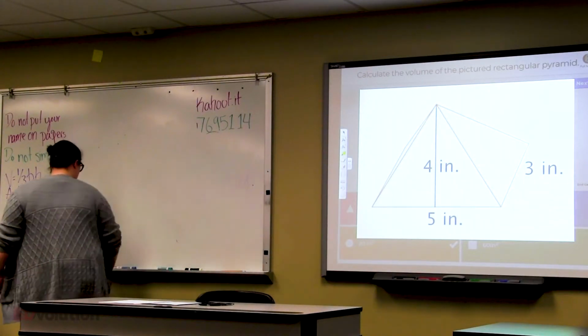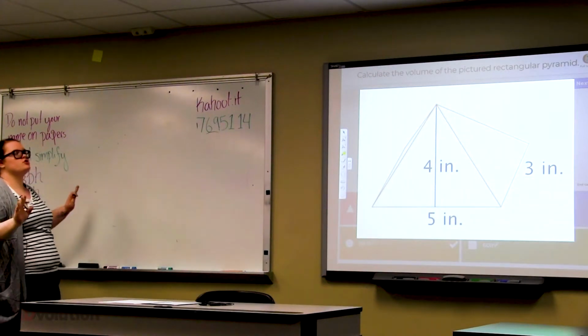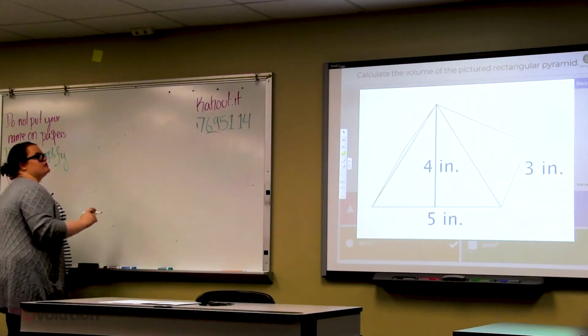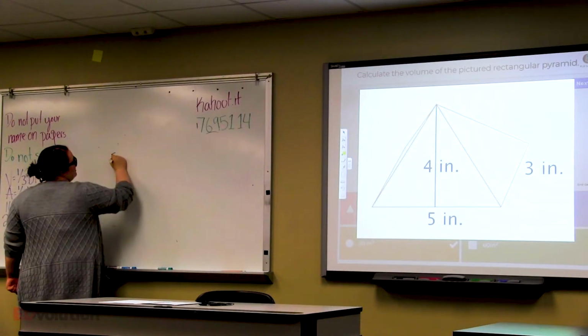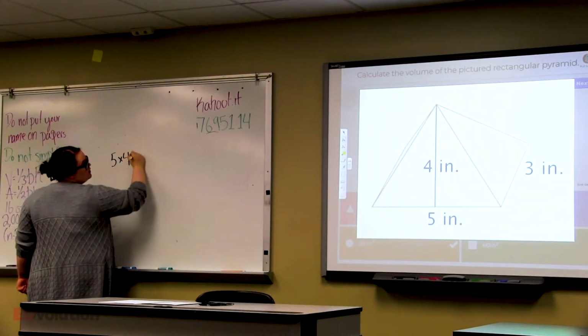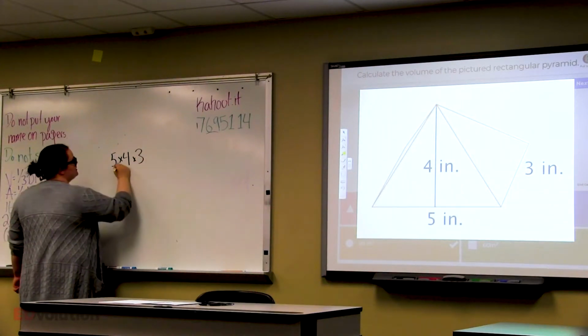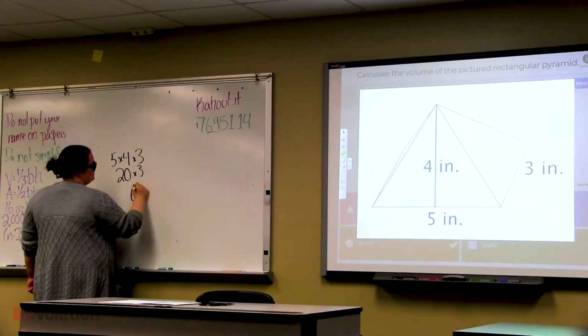So first I would look at this as if it was just a normal square, even though I know this is not a square, a cube. So we would have 5 times 4 times 3. 5 times 4 is 20, times 3 is 60.